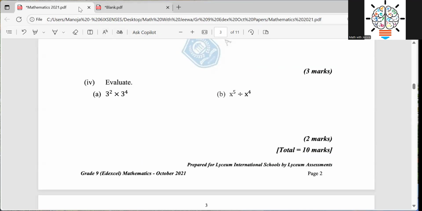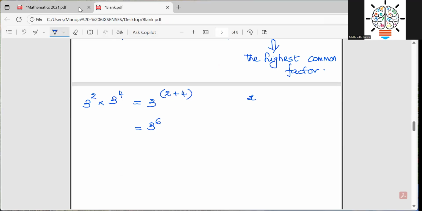Next one, x to the power 5 and x to the power 4. So then here we can show x to the power 5 minus 4, because it's the same base value, and in division you subtract, giving x to the power 1. If needed, you can write this as x, right? This is how you want to write the answers.